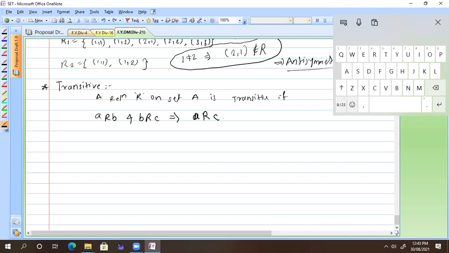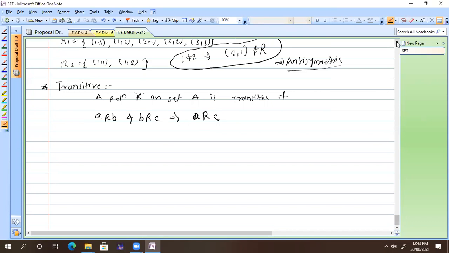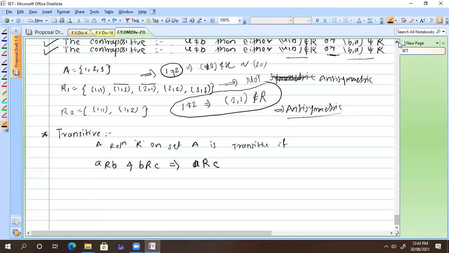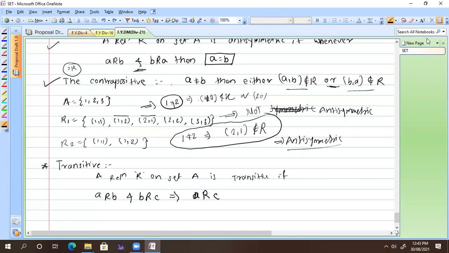Like that. Sir, I had a doubt about R1. Yes, please. Sir, can we not apply the contrapositive method for R1? You can apply it, no problem. But if we apply that, both are there. What I want is not there. If you see (1, 2), 1 is not equal to 2.